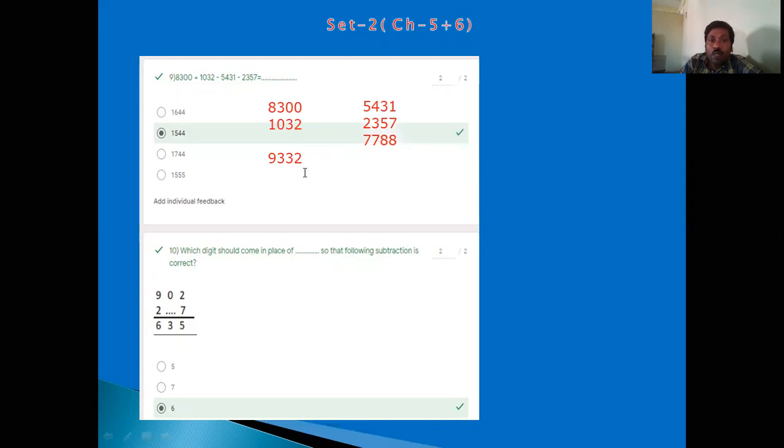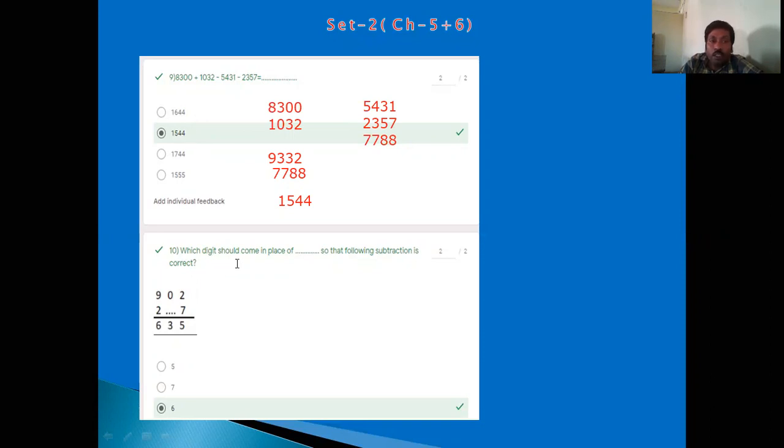And now when we subtract 7788 from these numbers, we get 1544. Which number is that? 1544. Okay, 12 minus 8 is equal to 4. 12 minus 8 is equal to 4. 12 minus 7 is equal to 5. And 8 minus 7 is equal to 1. So it makes 1544.